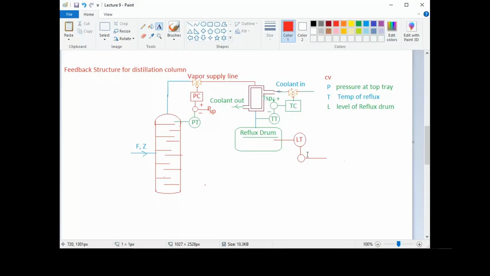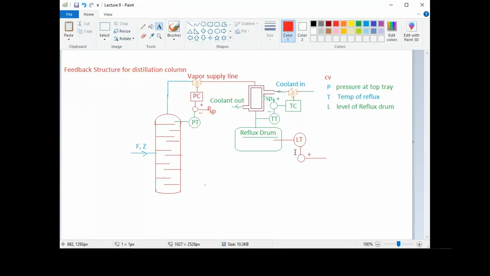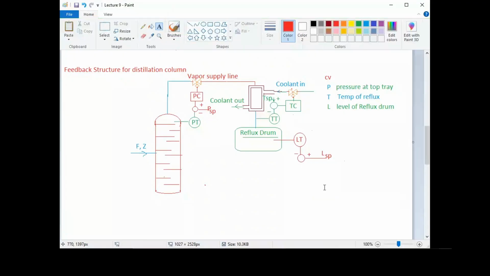So we'll have plus here and minus here, and this we can write LSP. Here we have written TSP, that is okay. Here also we have written now.